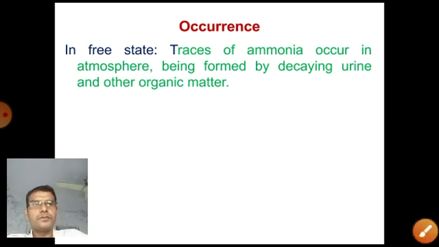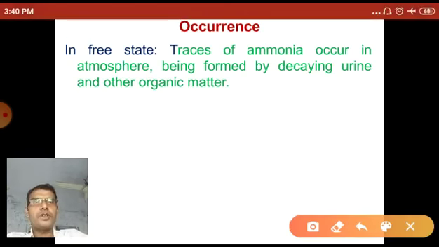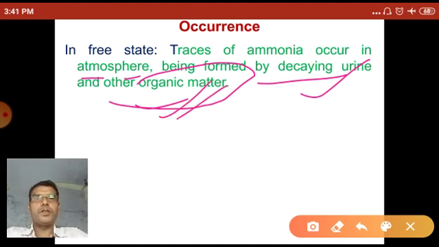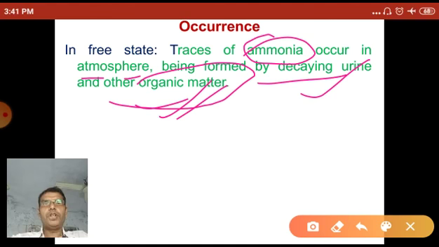In the free state, ammonia occurs in trace amounts in the atmosphere, being formed by decaying urine and other organic matter. After decomposition of urine and other organic matter by biological organisms, bacteria and fungi, the organic matter changes into ammonia, and that ammonia is present in the atmosphere in trace amounts.